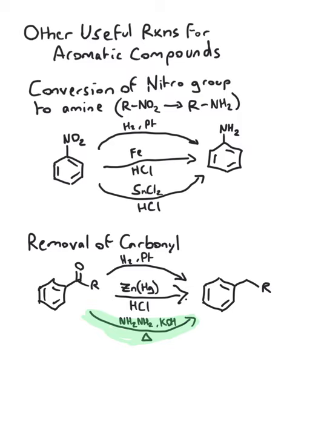So therefore, if you were to have an acyl group on the aromatic ring too, that would get converted into the alkyl group as you were converting the nitro group into the amine. So you're going to have a competing reaction, which is not ideal. Just for anyone that is interested in what the name of the reaction is, this is a Wolff-Kishner reaction.